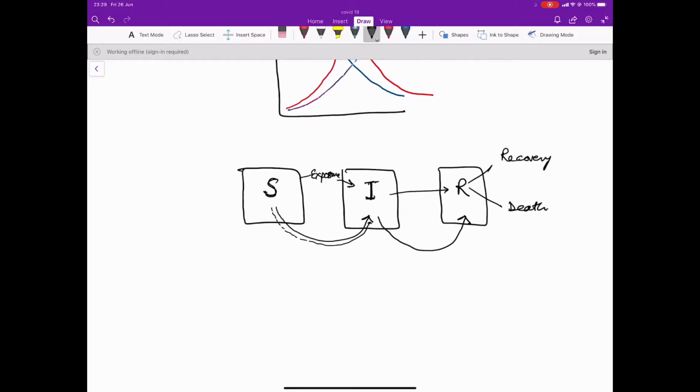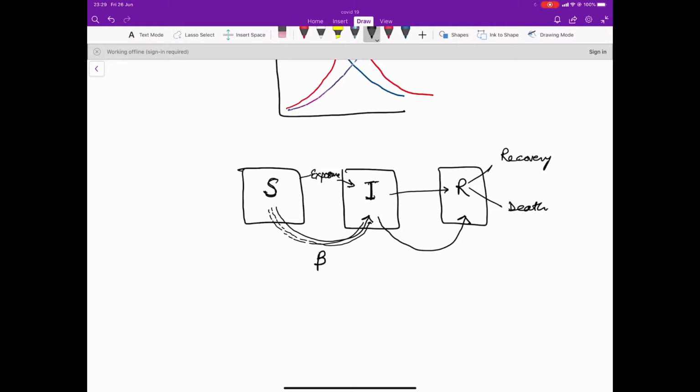This rate is known as beta. This is very important. Wherever beta comes in the SIR, it simply means the rate at which people get subtracted from the susceptible and get added to the infected group. So that is known as beta.